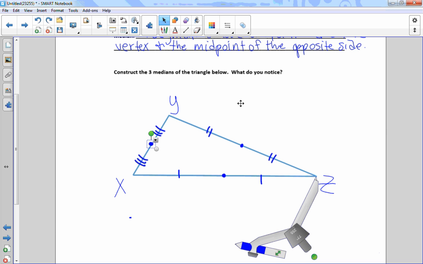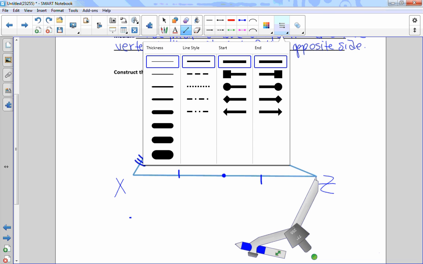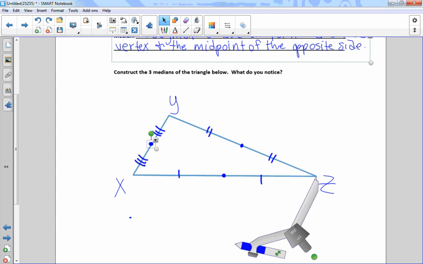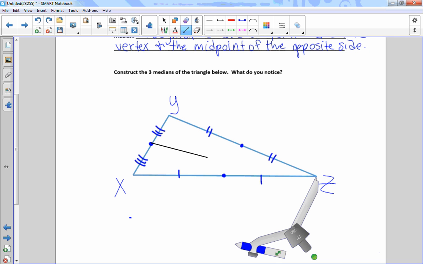So I should connect it to Z. So with your ruler, this line you're actually going to draw carefully. Can't move it. We need to keep it there. Okay. Now from there to Z. And do the same with the other ones.